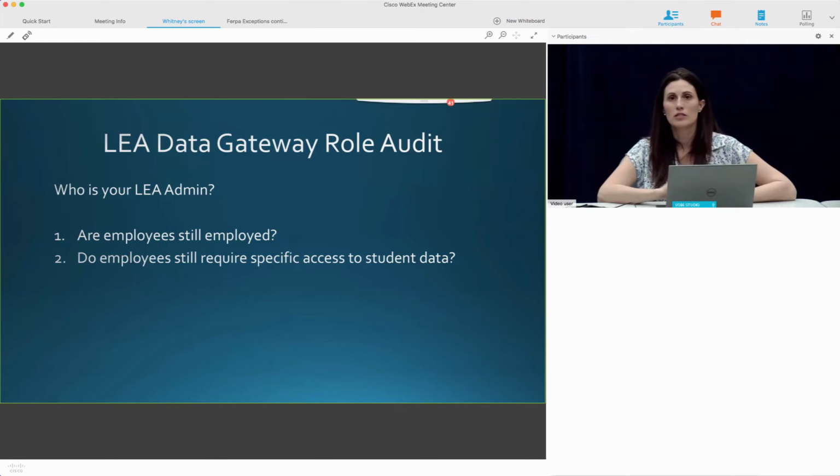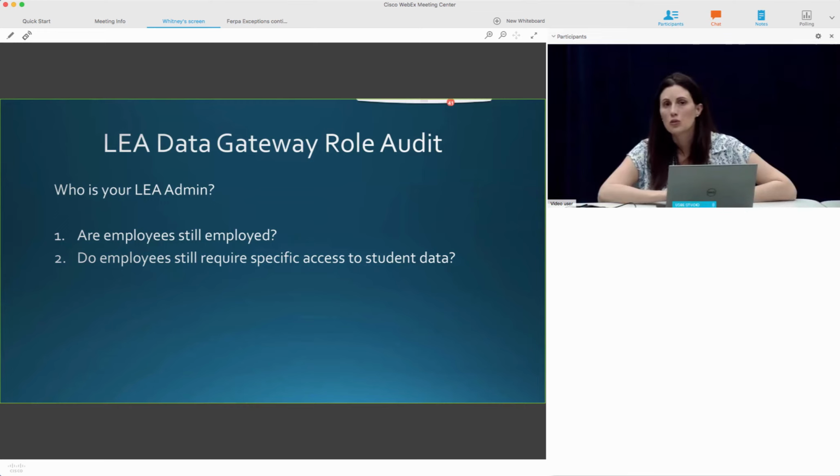What our concern is, is making sure that the right person has the right access. So number one, who is your LEA admin? Some of you are. Some of you don't know who they are, but that's important to know. And looking at the access levels, making sure that those who have access are actually still employed. This has been a problem, just anecdotally, in a few districts, where someone left their position for some reason and they still have access to sometimes even state level data.